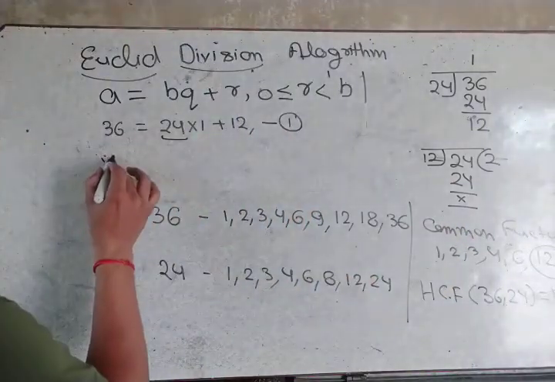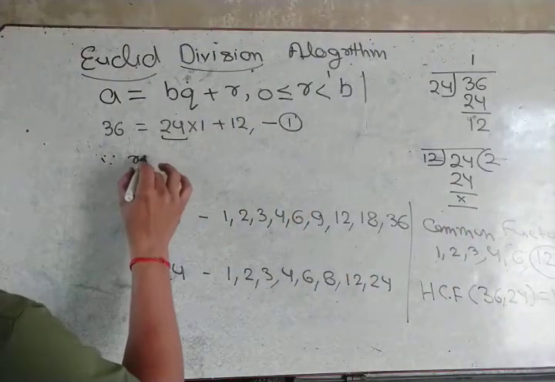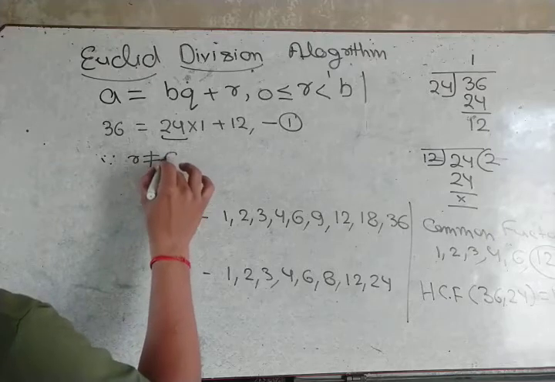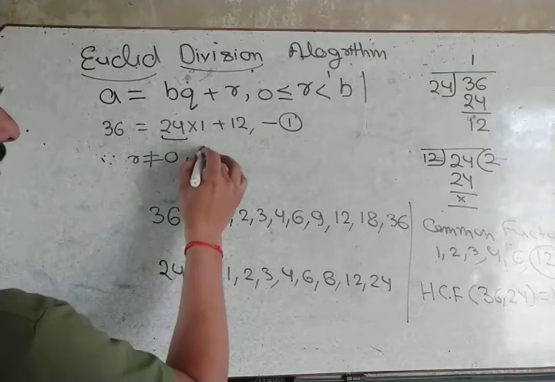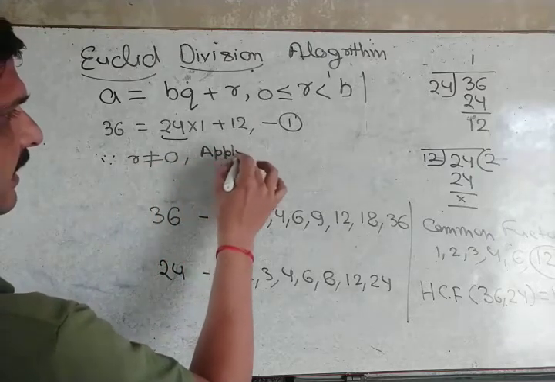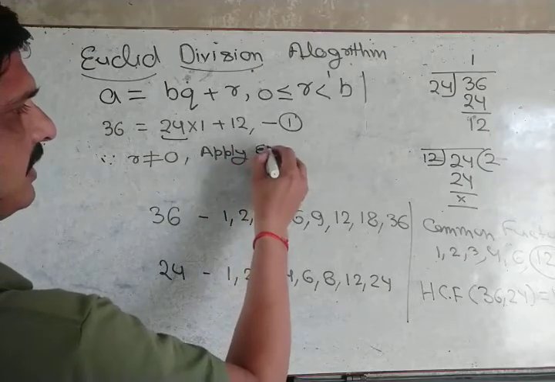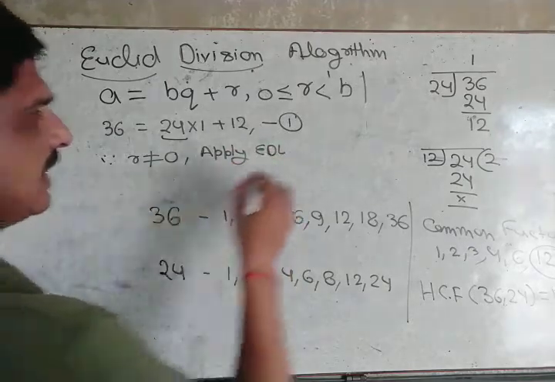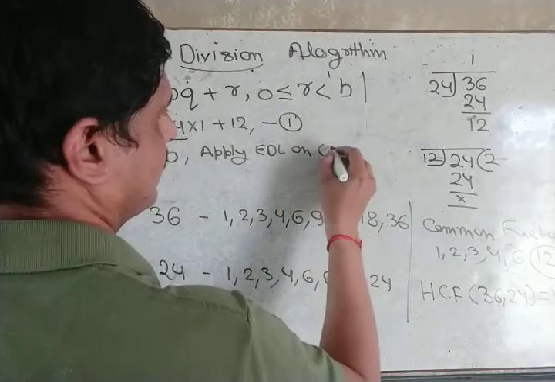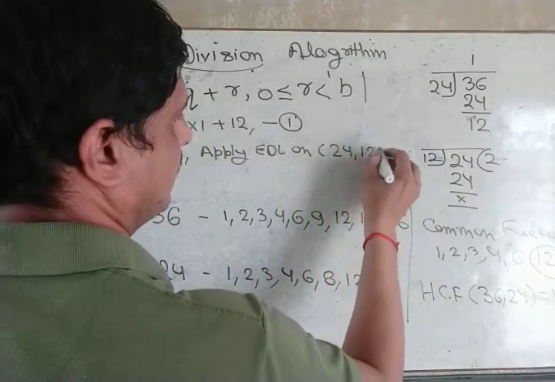So since R is not equal to 0, apply Euclid division lemma on 24 and 12. What will we get?